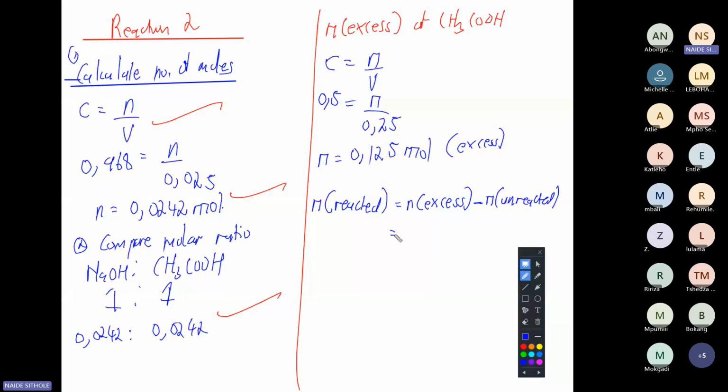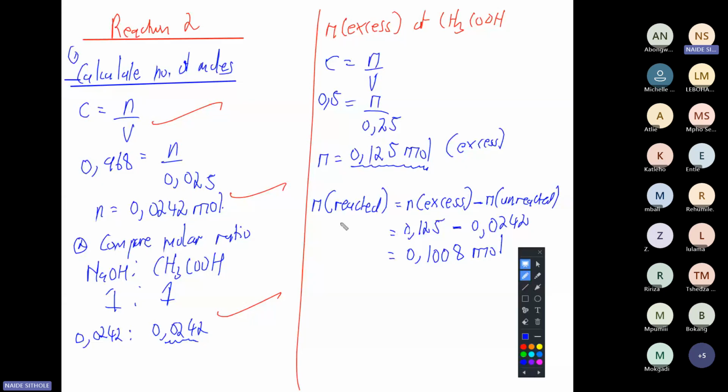And then we find 0.125 minus what? 0.0242. We find the one that actually reacted, because what are we being told here? This is what was left unreacted. So it means now how much reacted.